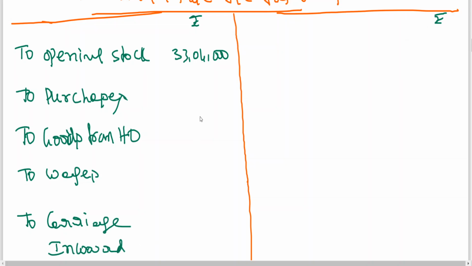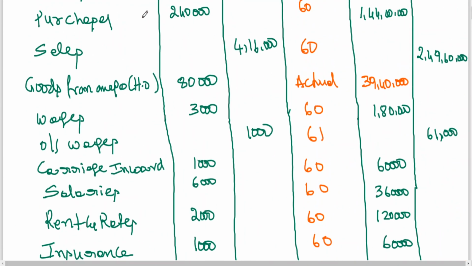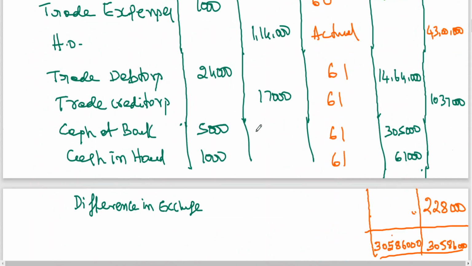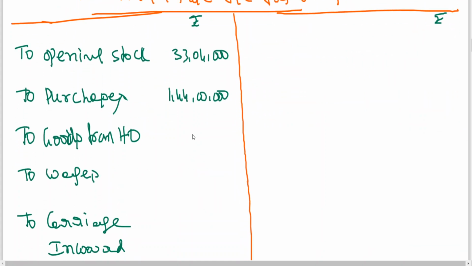These are the items which will go to trading account debit side. Let me go one by one. Purchases 1 crore 44 lakhs. Goods from head office we have seen already, 39 lakh 40,000 has been given.